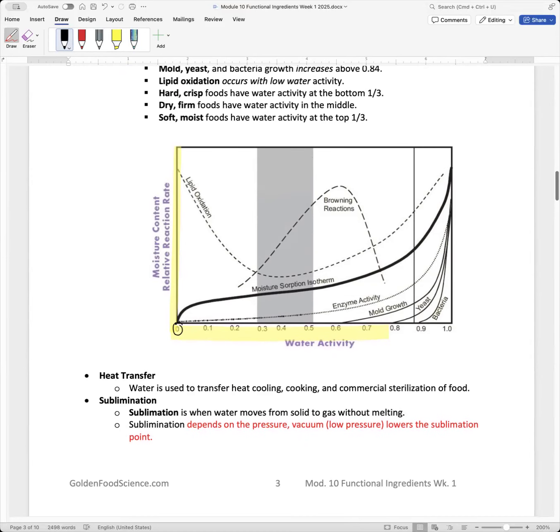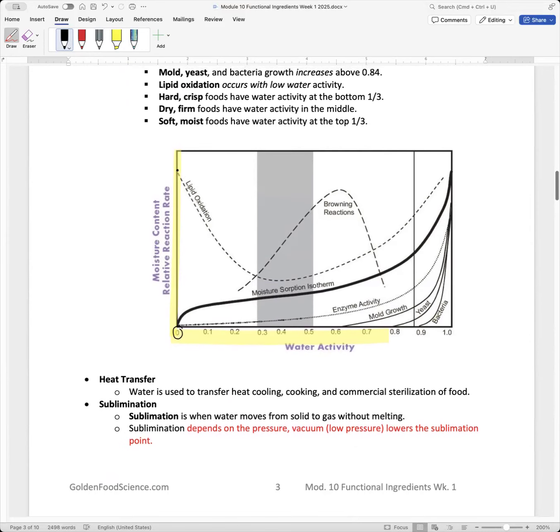They're zero. But the one thing that happens with dry food is lipid oxidation.